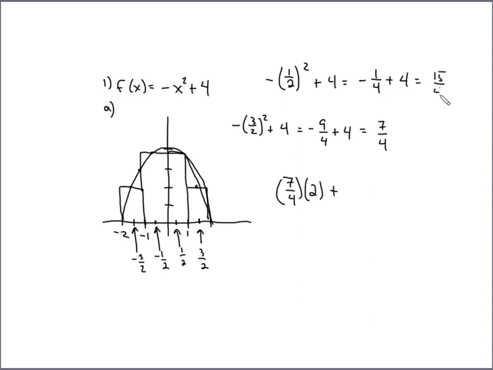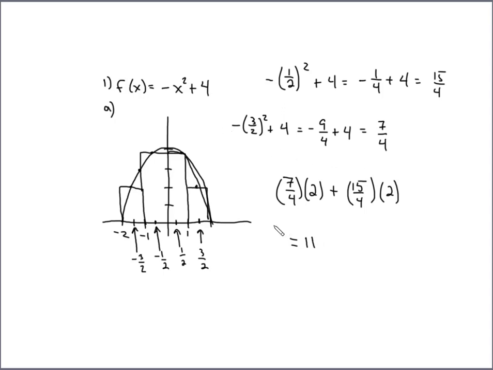Okay, so that's the area of these two bigger ones, and again, since there's two of them, we'll just double it to make this a little bit easier. Okay, so double that, add these all together, and we get 11 for the midpoint rule approximation.